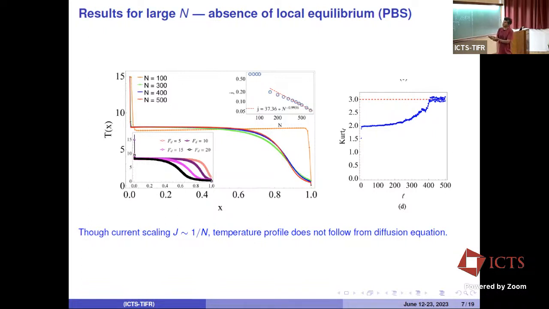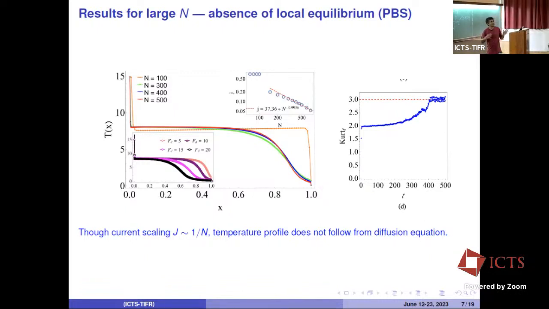In the flat regime, the system is again very close to a periodic state. What they measured is the velocity distribution, and you can measure the kurtosis. In this region, the kurtosis is far from Gaussian, while in this regime it's Gaussian.